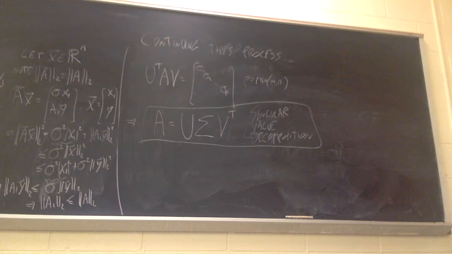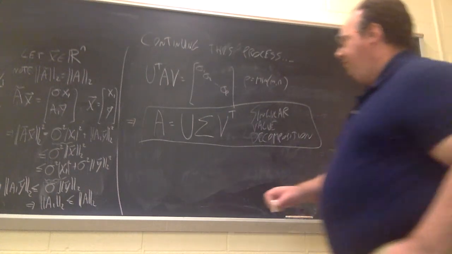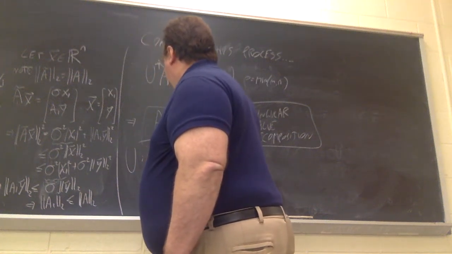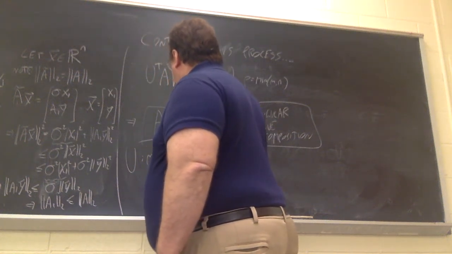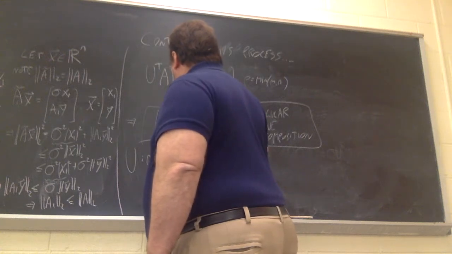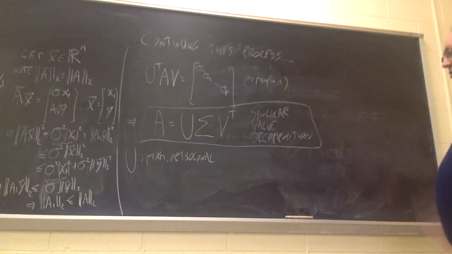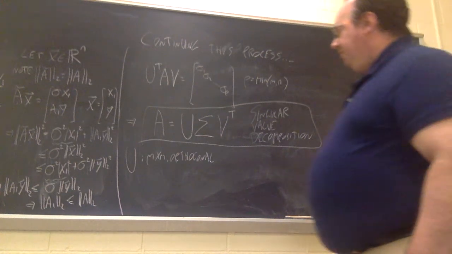Okay, now, what do we know about U, sigma, and V transpose? So U is M by M, and it is an orthogonal matrix. So U transpose U is identity, also U U transpose is identity, square.